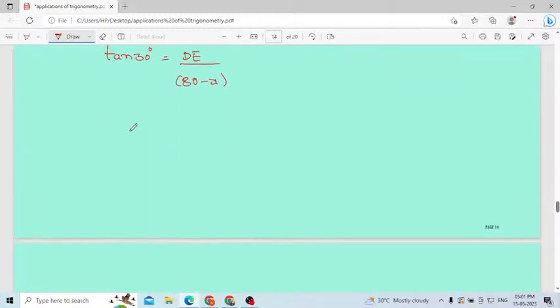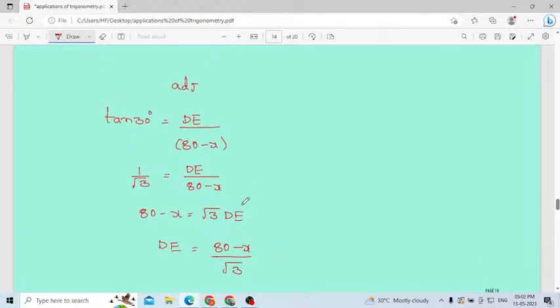Then tan 30 degrees will be equal to 1 divided by root 3, which is equal to DE divided by 80 minus x. Then cross multiply, you will get 80 minus x equal to root 3 DE. Then DE will be equal to 80 minus x divided by root 3.